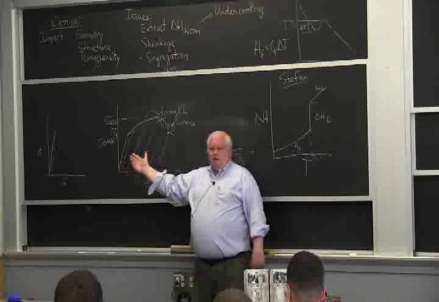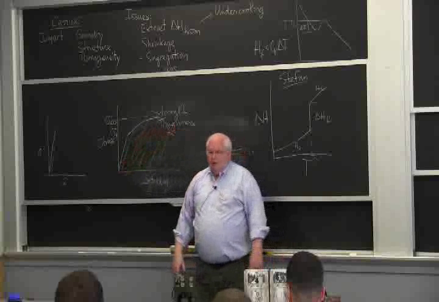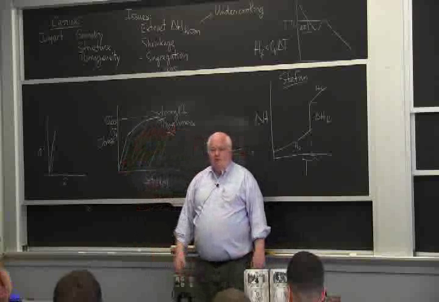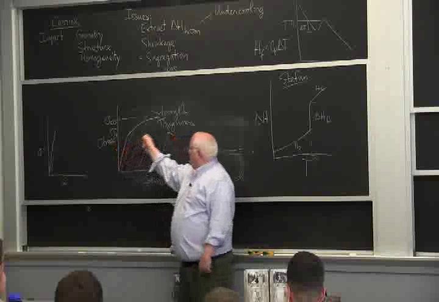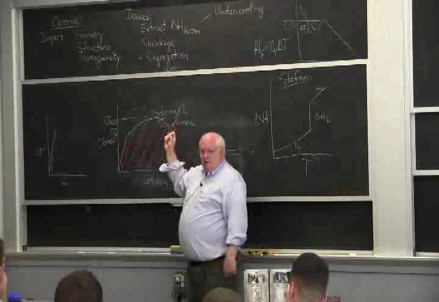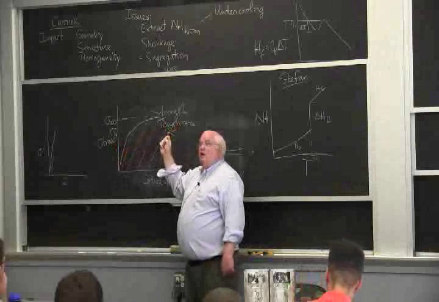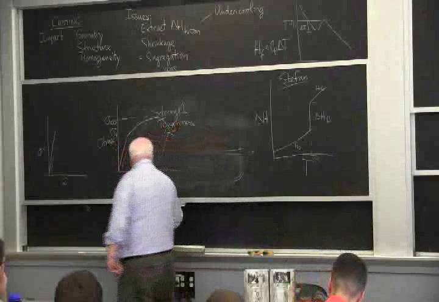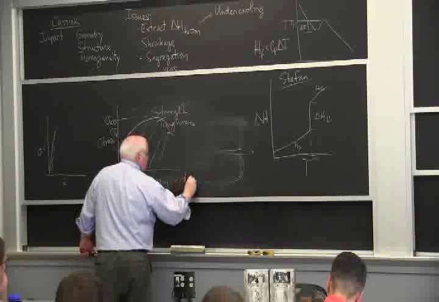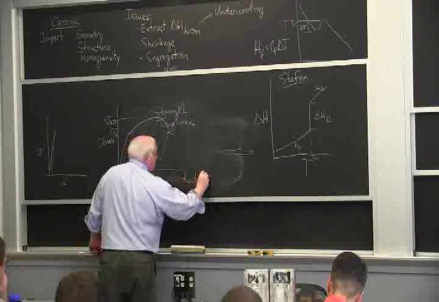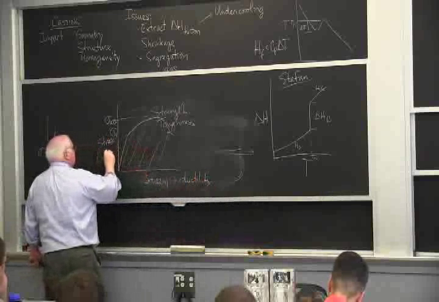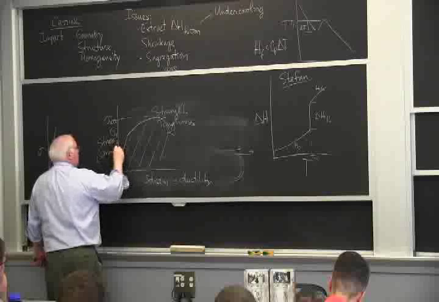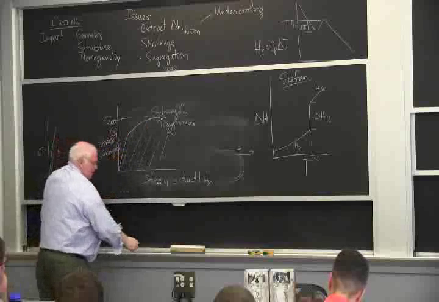You wanted ductility. Last week I was down at the Army where they're making armor and stuff, and they say their three metrics are strength, toughness, and ductility. Well, this strain is ductility. Stress is the same as strength. Well, what's toughness? It's just the area under the curve.